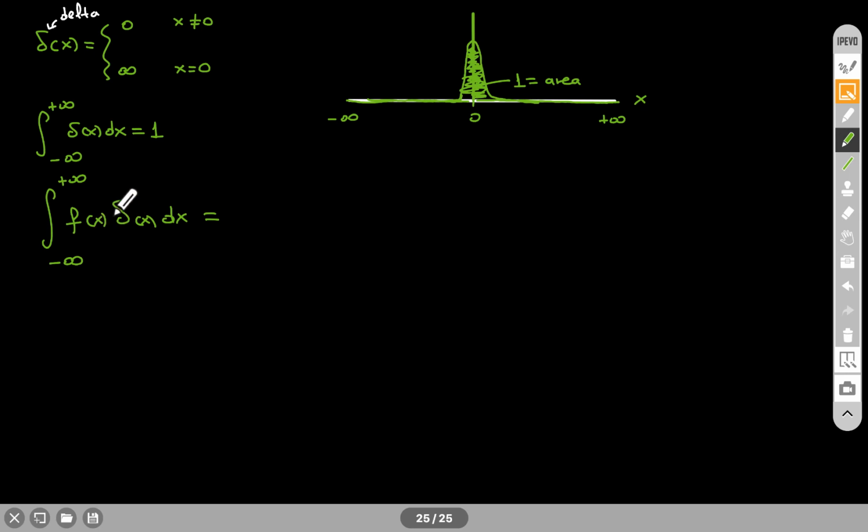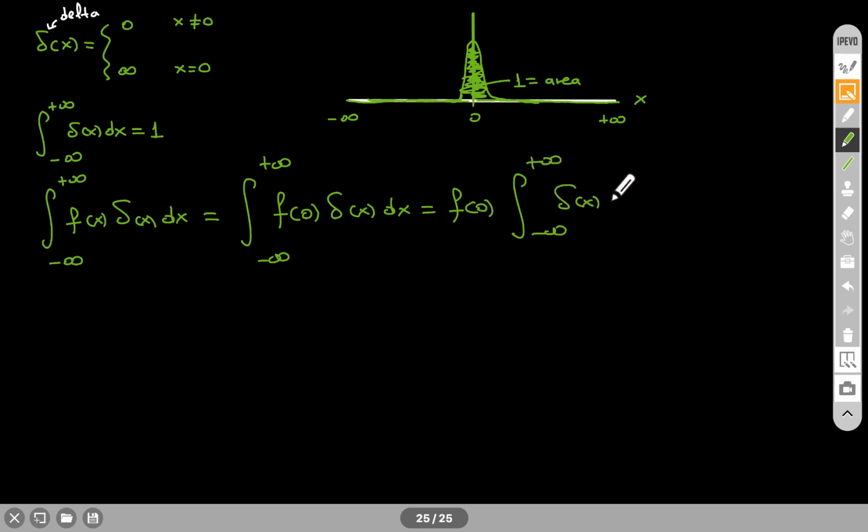So really, from this integral, the only important value of the function f of x is the one when x equals 0, because that's the only one that will survive from the product with the delta function. Now, because it's a constant, you can take it out of the integral, and then you end up having this.